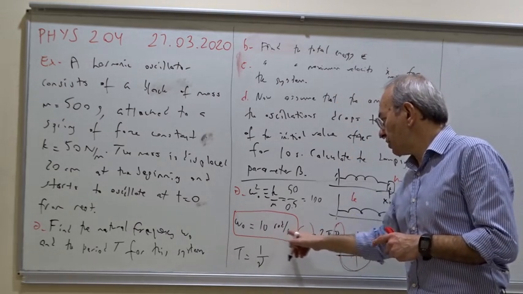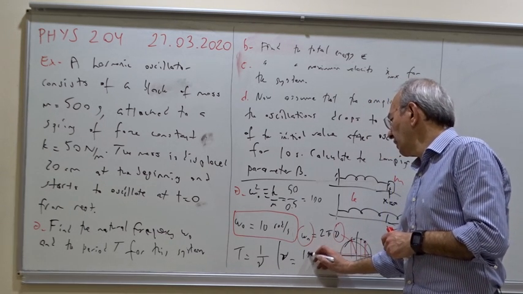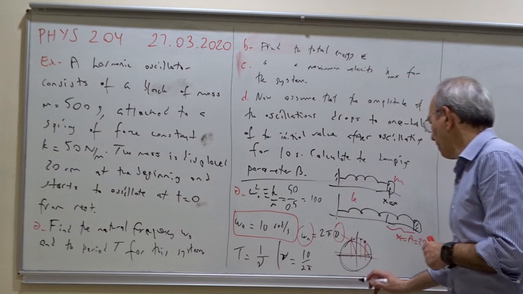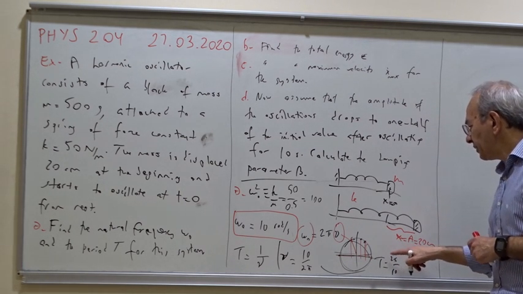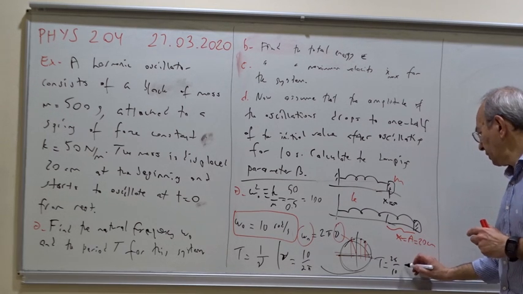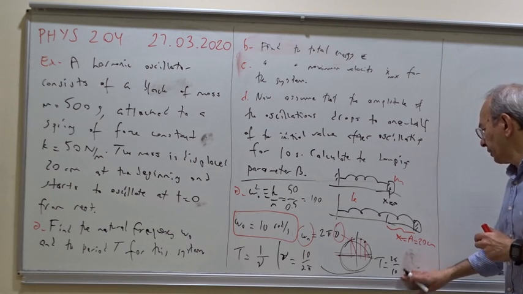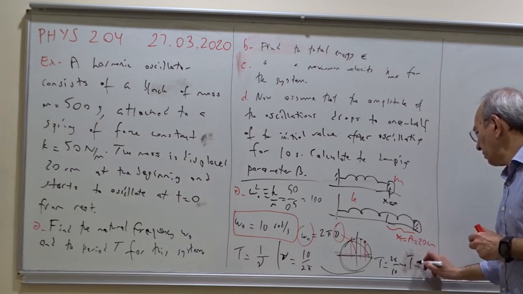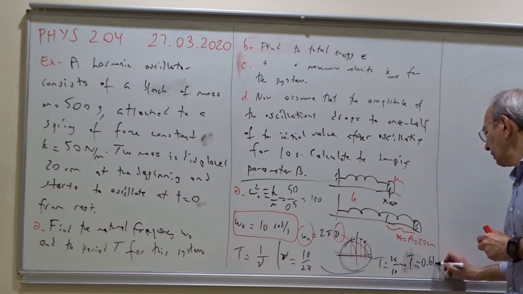So if omega 0 is this much, nu can be found as 10 over 2 pi, and therefore the period is 2 pi over 10. It is approximately 6 over 10, so T is approximately 0.61 second.